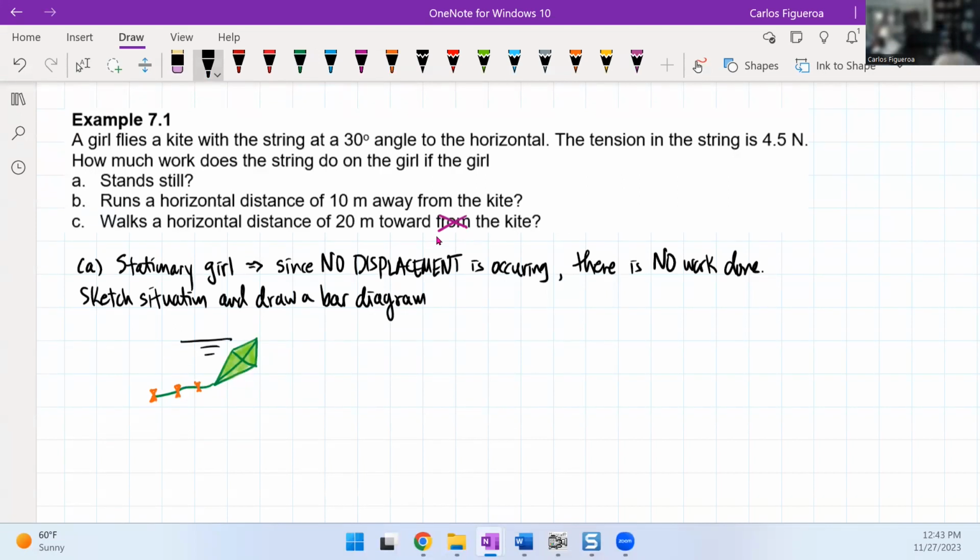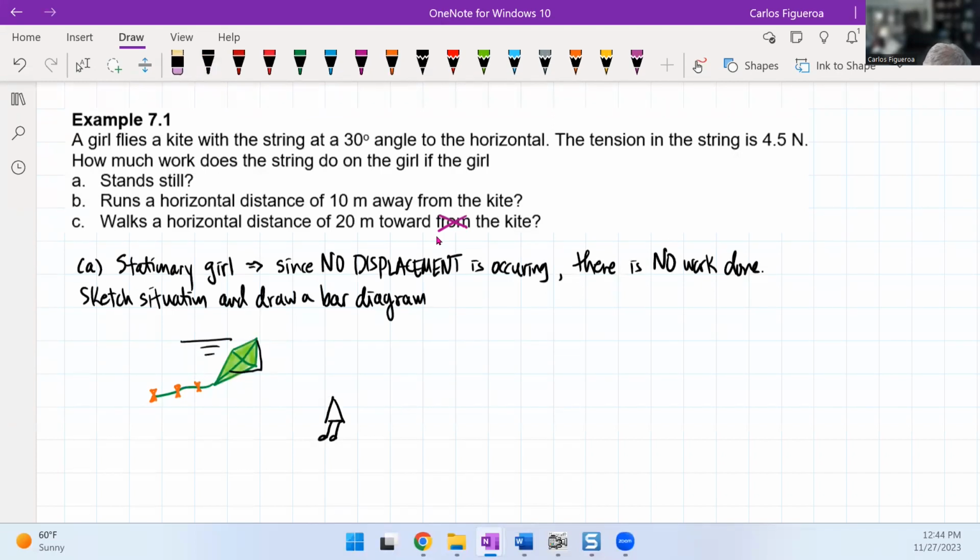So now I've got to draw my girl, and she's got to be stationary. Let me get at least some sense of what's going on here. Let's say this is the string and it's coming down. So she's going to be down here, and I could imagine she's sort of pushing back.